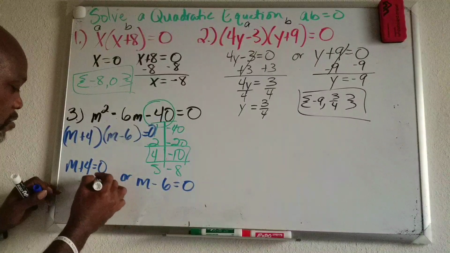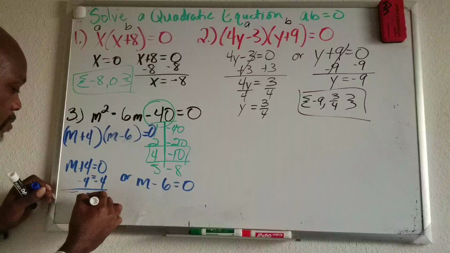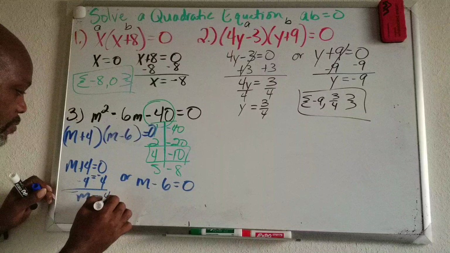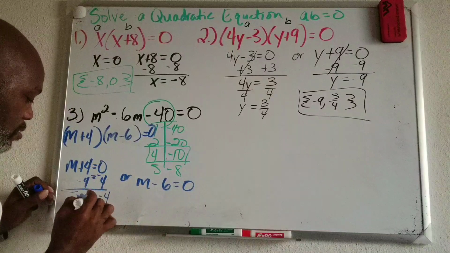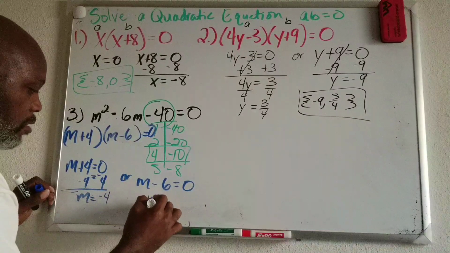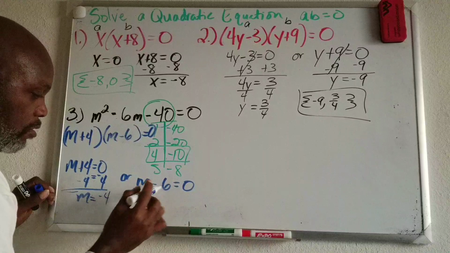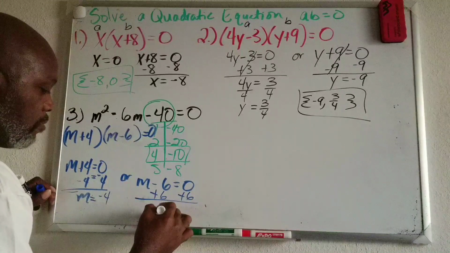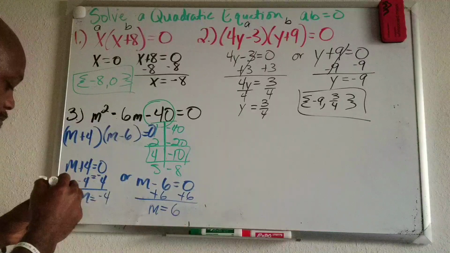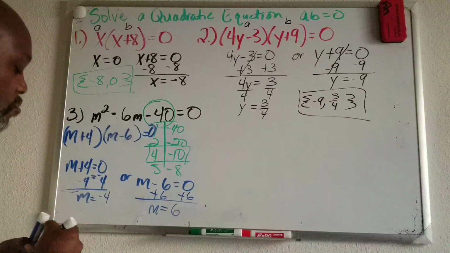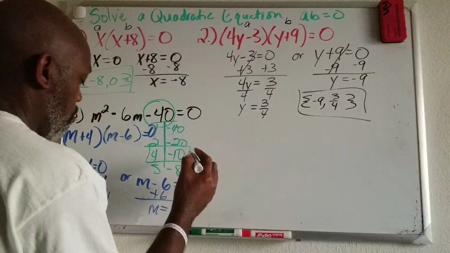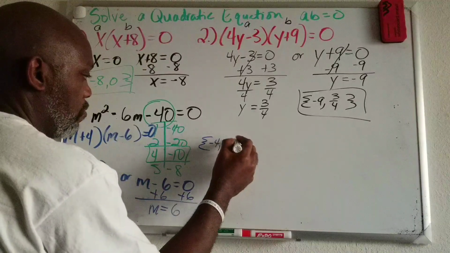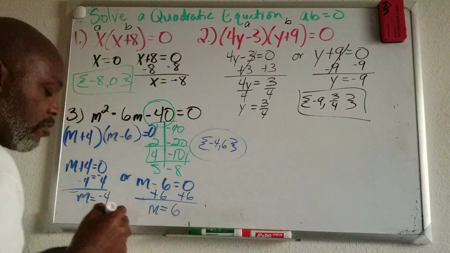Subtract 4 from both sides. m equals negative 4. In this case, hopefully you can see it, but I'll just write it out so you can know how I got it. m equals positive 6. So my answer is either negative 4 or 6.